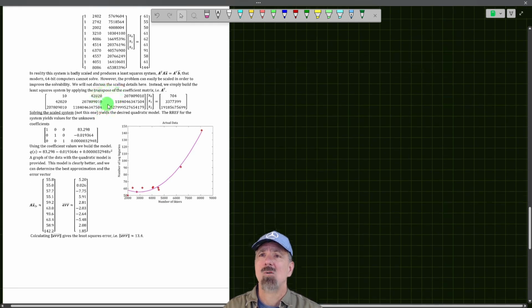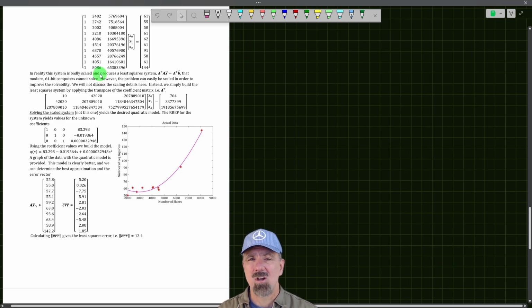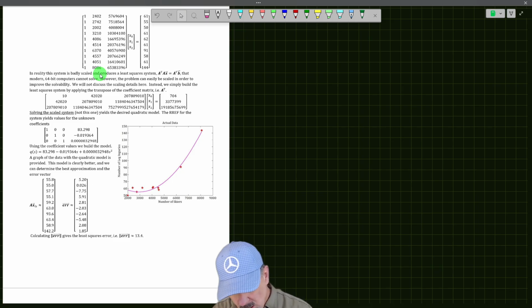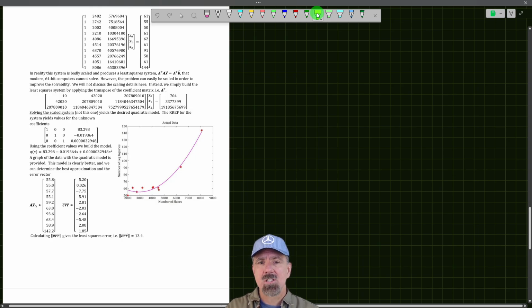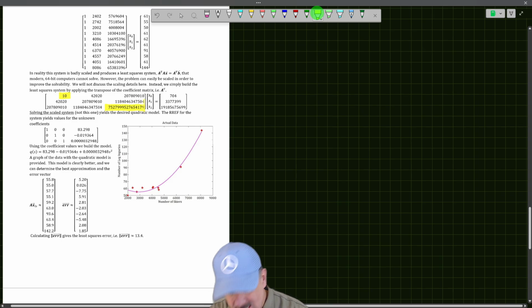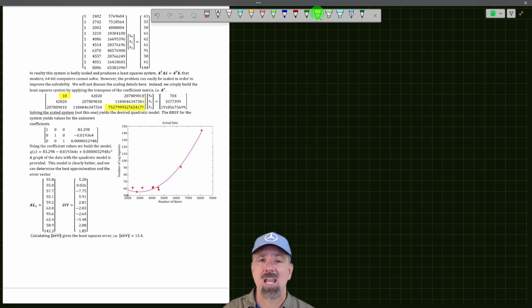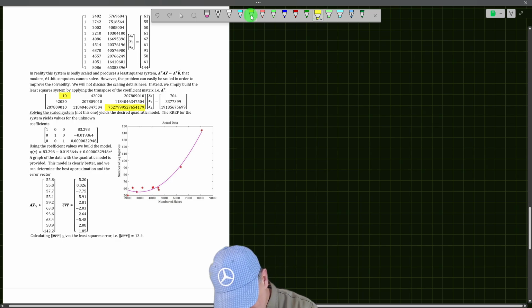There's one point of note about using the quadratic model, and this is an important piece of understanding numerical stability. What we have here, when we use the number of skiers and have our model built, is that you notice we have a huge disconnect between the magnitudes of the largest and smallest values in A transpose A. This is a very common occurrence when we are solving these problems.